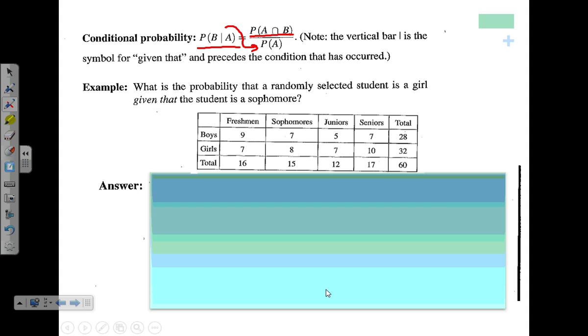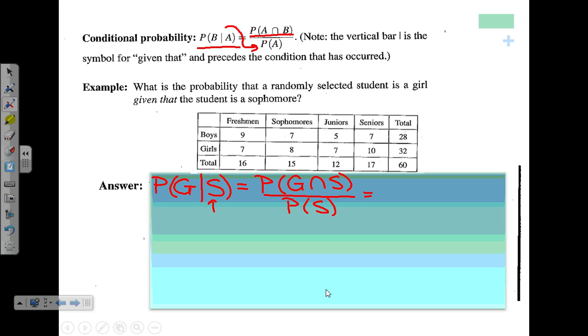So on this problem, what is the probability, with our same group of freshmen, sophomores, juniors, seniors, that the randomly selected student is a girl given that the student we're picking from is a sophomore? Probability that we're going to pull a girl given that we know it's a sophomore. So we're going to use the formula: probability of being a girl and a sophomore, divided by the condition, the probability of being a sophomore.